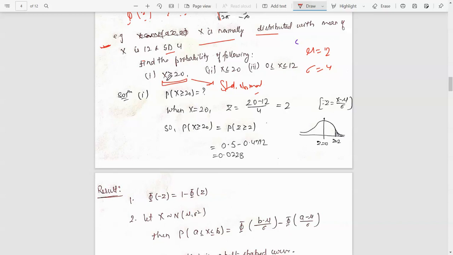So how do you convert? Simply x minus mu upon sigma, because this is going to be z. Let's say x is equal to 20, because we want to find x greater than or equal to 20. So z is equal to 20 minus mu, which is 12, by sigma, which is 4, which is equal to 2. So the probability of x greater than or equal to 20 translates into the probability of z greater than or equal to 2. Here z has mean 0 and standard deviation 1.